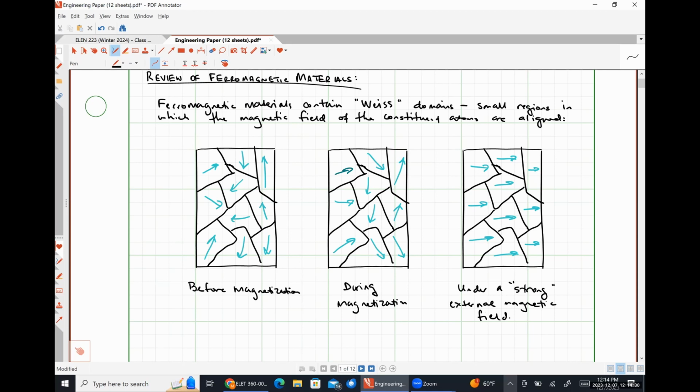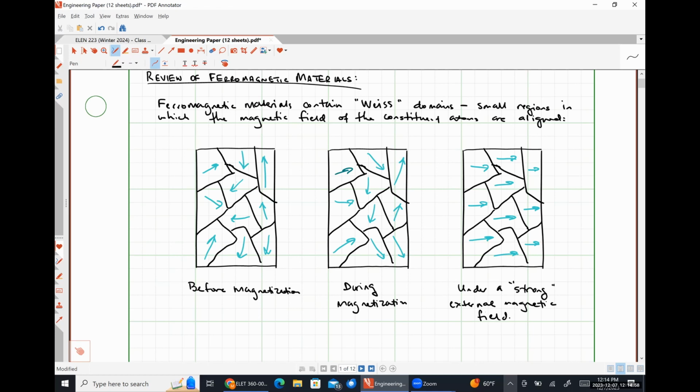But at some point, we can only get parallel, right? We can't get any more parallel than parallel. So if we apply more current beyond us hitting this point, literally nothing happens, okay? We call this saturation because an increase in our input signal, which is our current, doesn't cause any change in our output, which is how our field lines line up, okay?